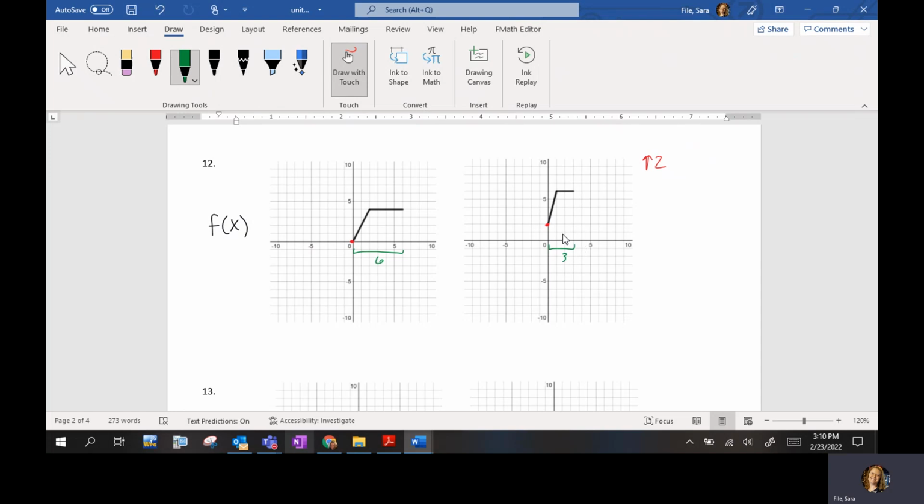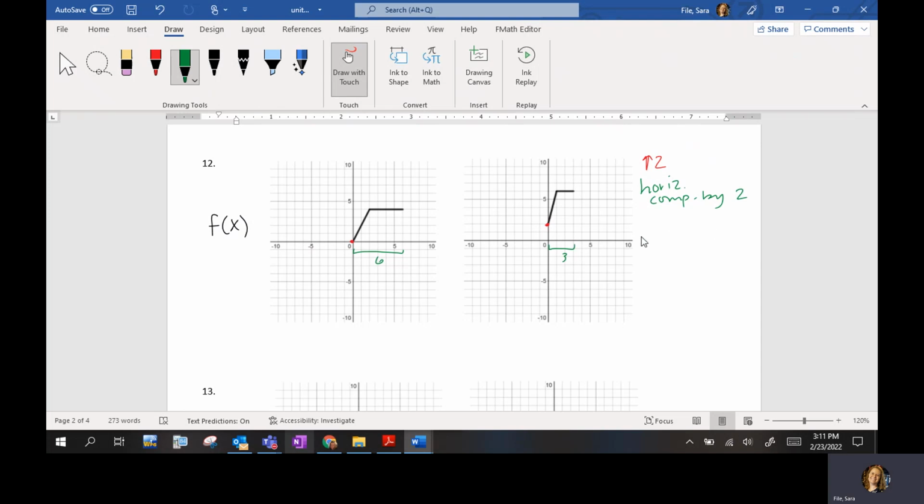So this has been horizontally compressed. Okay, and it hasn't been shifted over any, and it hasn't been reflected. So horizontally compressed by 2. It's compressed, it's half the size.